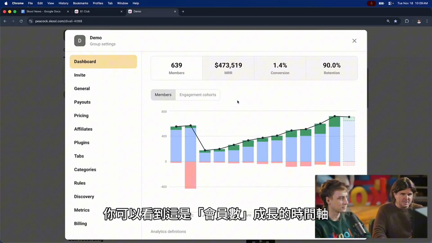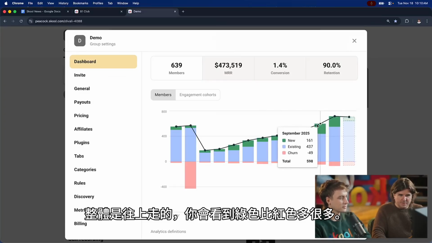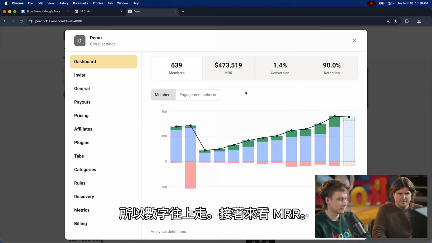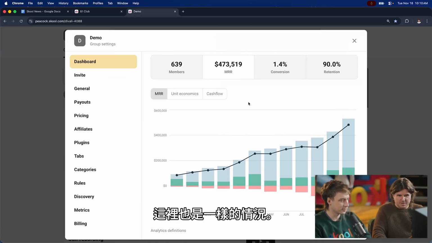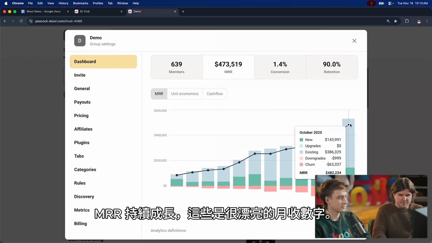So here you can see members over time, right? It's going up. And you tend to see there's more green than there is red. So that means more people are joining than leaving, right? So it's going up. Then if we look at the MRR, the same is basically true. So MRR is going up. These are some very nice MRR numbers.